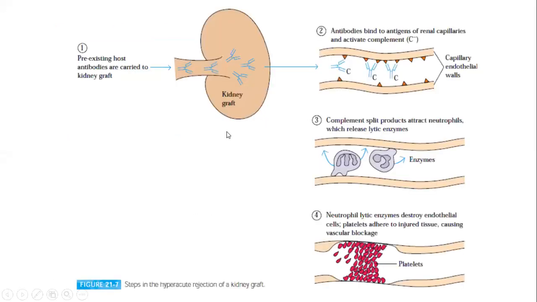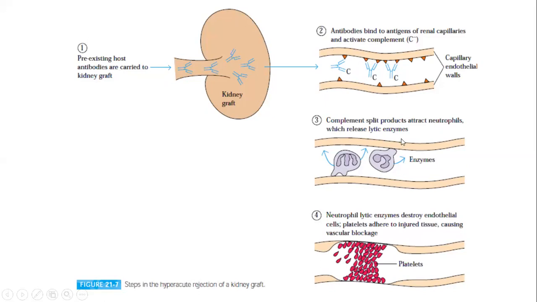This is an example showing the graphical representation of hyperacute rejection in a kidney graft. A patient received a kidney graft from another individual, and pre-existing antibodies are already in the serum, in the blood. Normal blood goes into the transplanted kidney, the graft. When it goes there, it already sees the alloantigen on the capillary endothelial cells. The specific antibodies recognize them, go and bind: an alloantibody-alloantigen reaction.